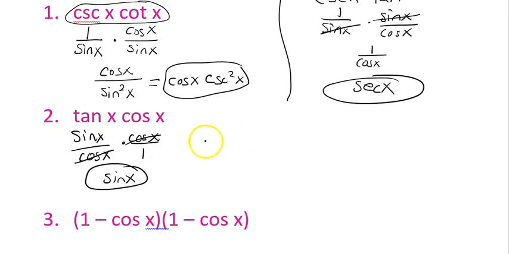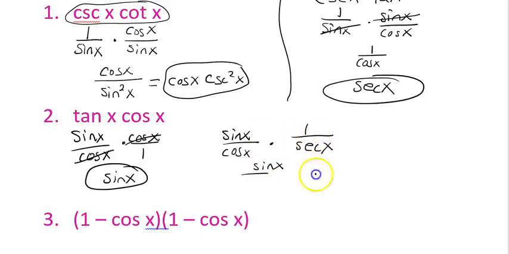Okay, so we've had the question, what would have happened if I had changed cosine to 1 over secant? That would have just made the problem go a little bit longer. If you change cosine into 1 over secant, nothing cancels. And so you end up having sine over cosine times secant. And then you have to change secant into 1 over cosine.